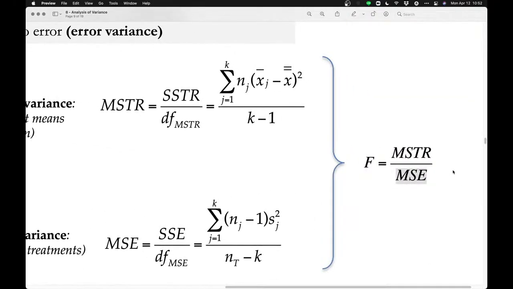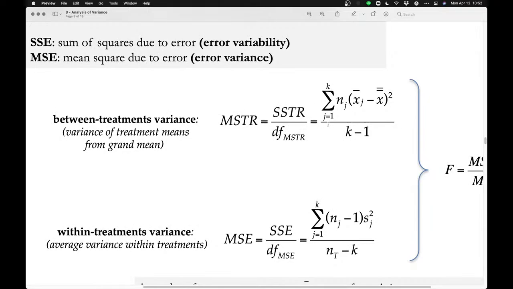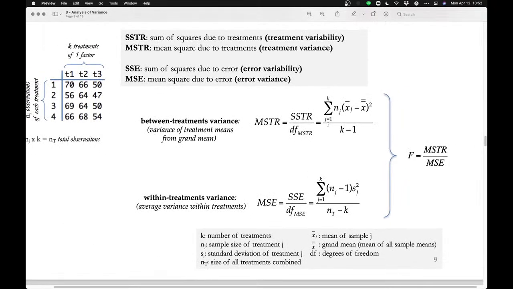if the treatments had no effect, the numerator and the denominator would both look like this. And therefore, the F value we would expect if the treatments were not different from each other would be 1. It would be 1, because the variance in the system would be the same if there was no difference due to treatments.